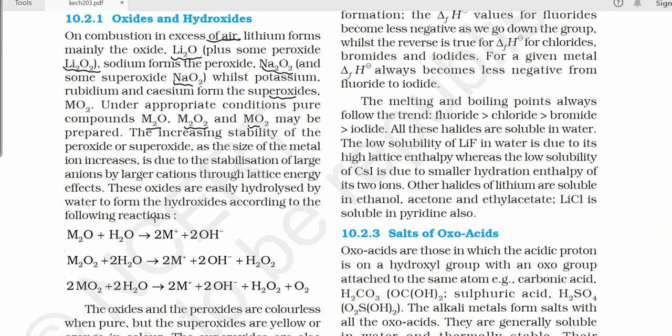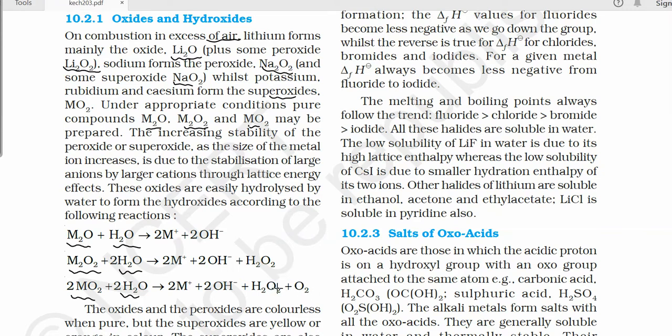If you react the monoxides with water, 2M+ and 2OH- form. Similarly, the peroxides react with water to form 2M+, 2OH-, and H2O2, hydrogen peroxide. Similarly, the superoxides react with water to form 2M+, 2OH-, hydrogen peroxide, and oxygen is liberated.